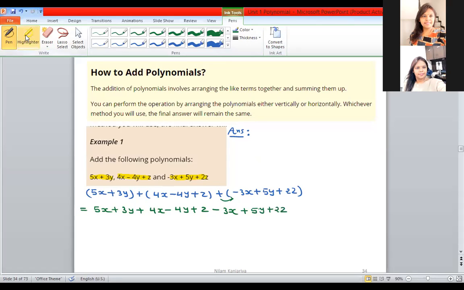We can add the same variable terms. This term 5x has the variable x. So first collect the like terms and add them. The like terms are 5x plus 4x minus 3x. So 5 plus 4 is 9, 9 minus 3 is 6x.